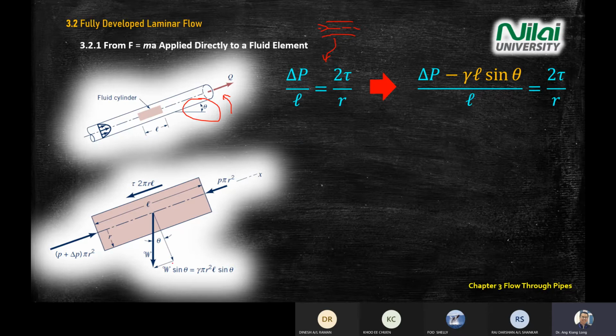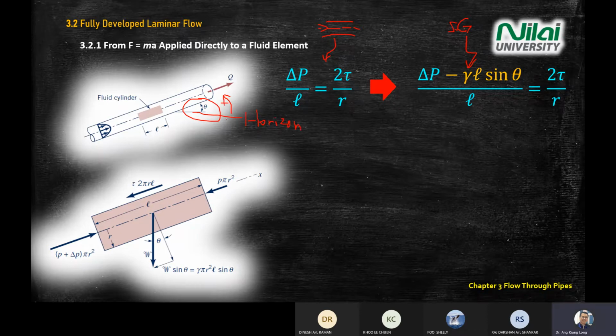You repeat the same, only you add in the weight to all the forces in the X direction, which sum to 0. You will arrive at this equation: delta P minus gamma, this is specific gravity again, Sg, times L, the length, and sine theta, where theta is the orientation of the pipe compared to the horizontal axis.